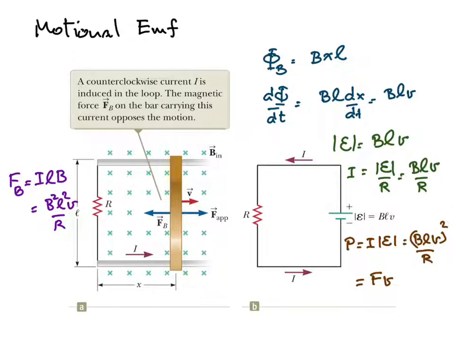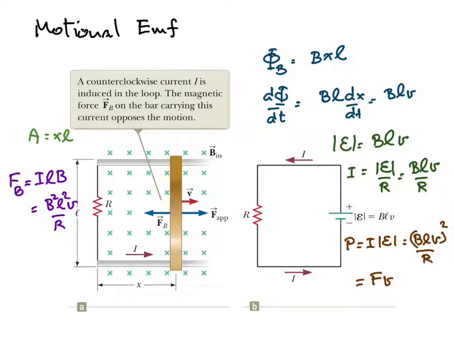So the area A is equal to XL. You can see that L is fixed, so what changes in time is X, right? And we have the magnetic field pointing into the plane of this paper, or the plane of this screen.